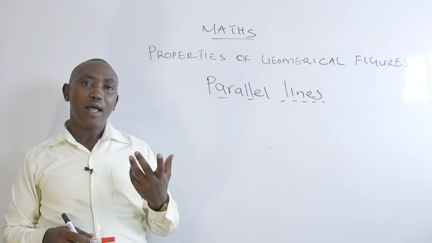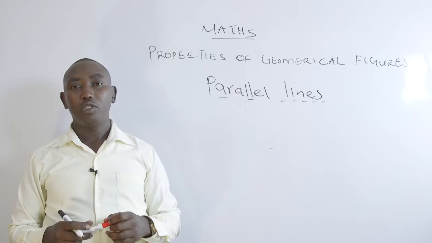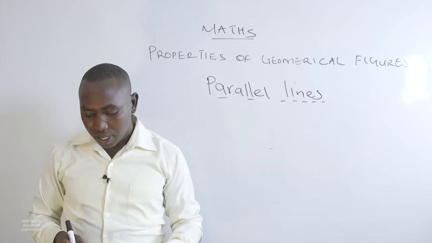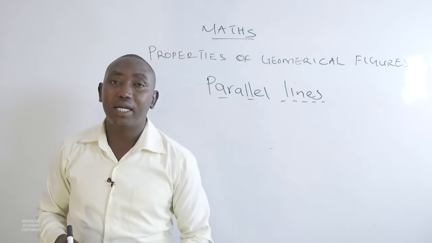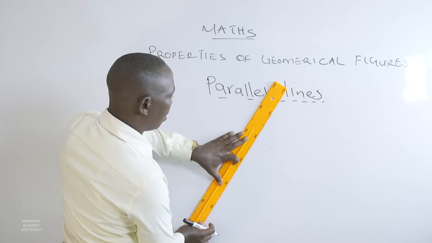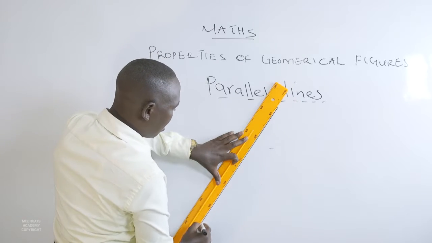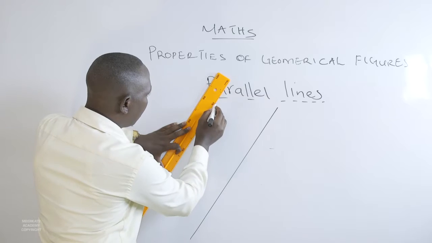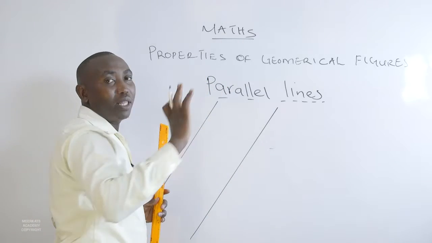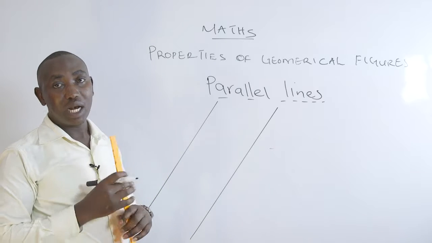Then we have another line that normally crosses those particular parallel lines. We refer to that particular line as a transversal. So we are saying we can have lines that, if drawn and extended, will never meet at any particular point.